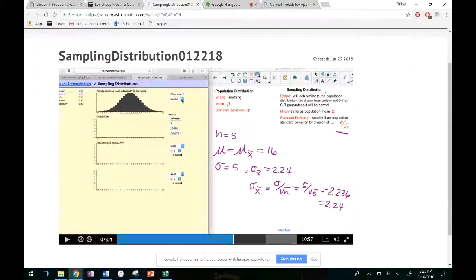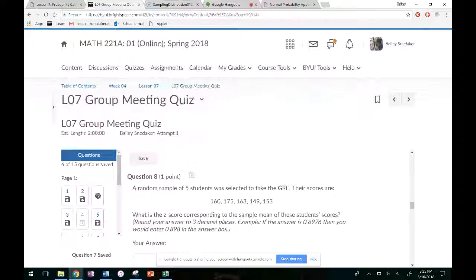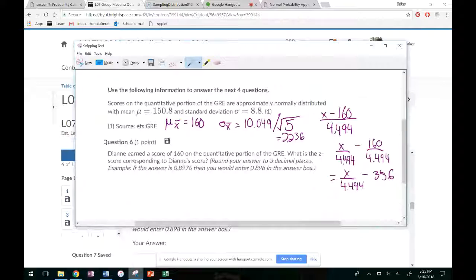So all we need to do is take this population standard deviation, which is 8.8, divided by the square root of 5. That's going to be our sigma, our sample standard deviation. Does that make sense?